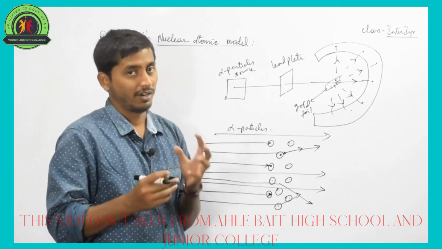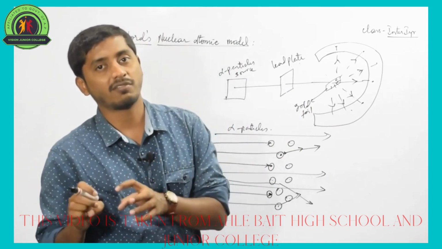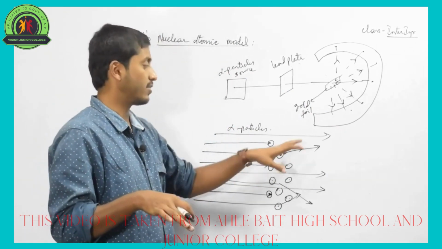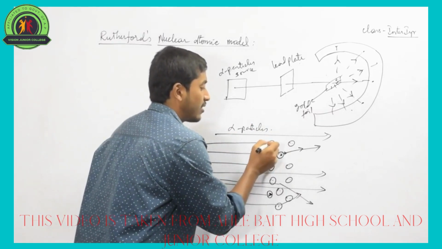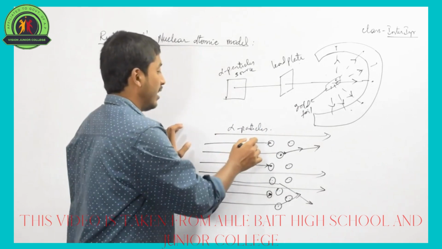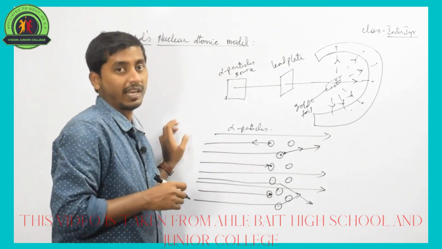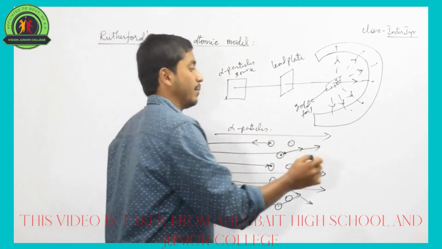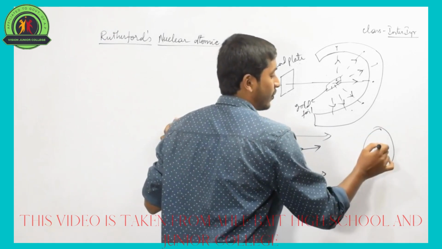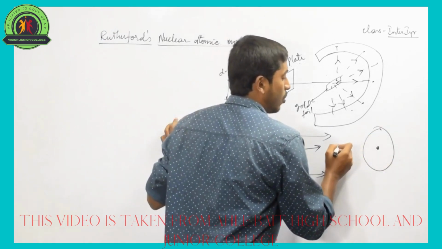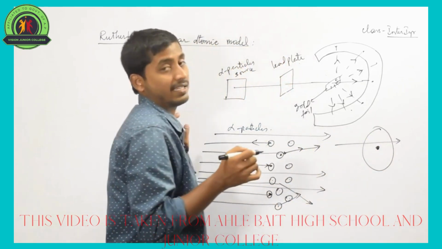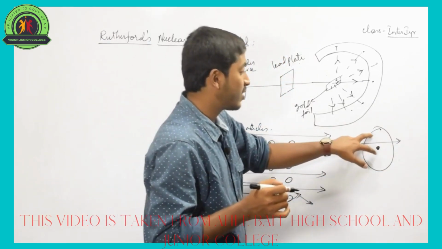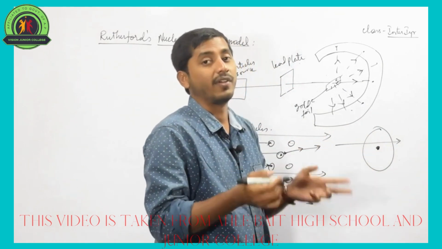See here, whatever it is, it should be either positive or neutral, then only it can deflect. If it falls on the center, then it is completely deflected back. For example, if this is my atom, based on the closeness of a ray to the nucleus, the deflection angle changes. If the ray is closer, the deflection is very high.